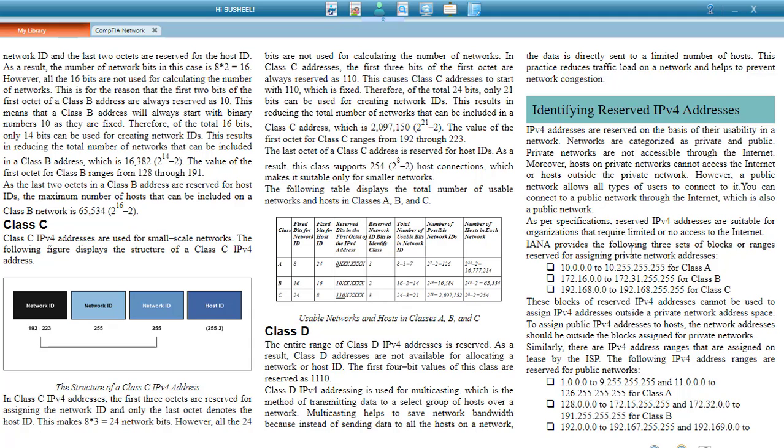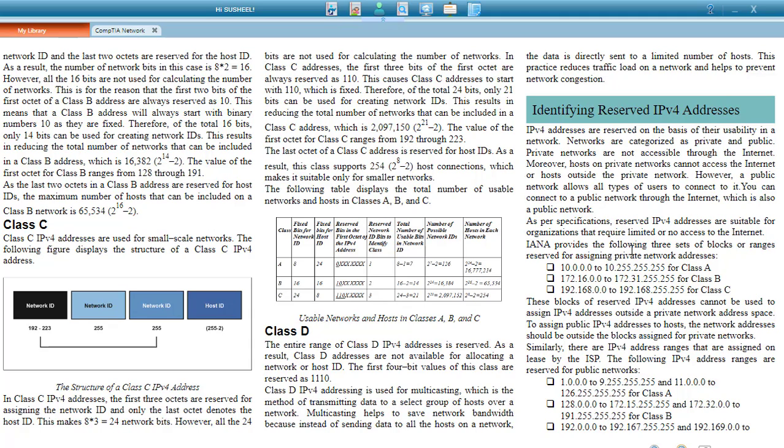Identifying reserved IPv4 addresses. IPv4 addresses are reserved on the basis of their usability in a network. Networks are categorized as private and public. Private networks are not accessible through the internet. Moreover, hosts on private networks cannot access the internet or hosts outside the private network.